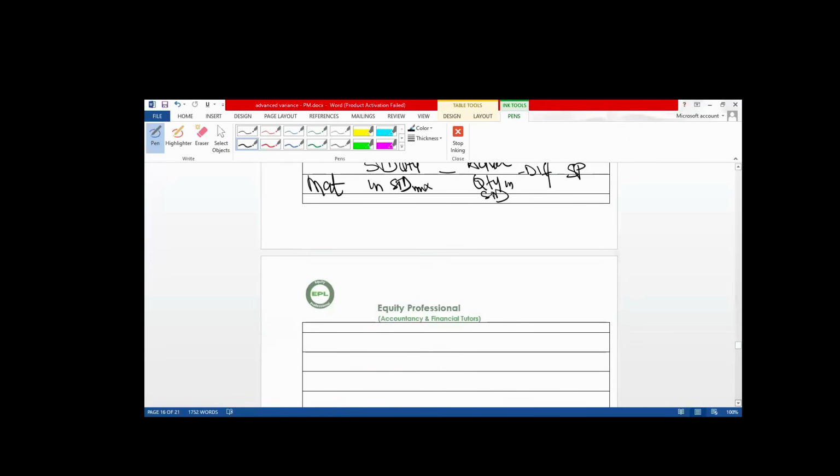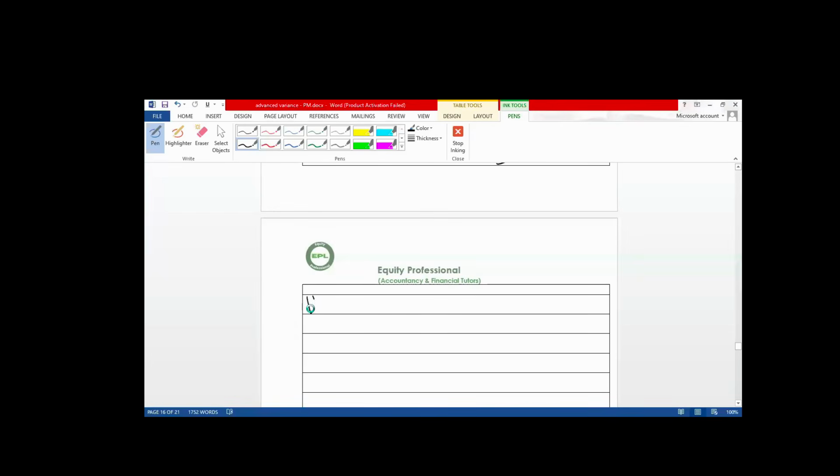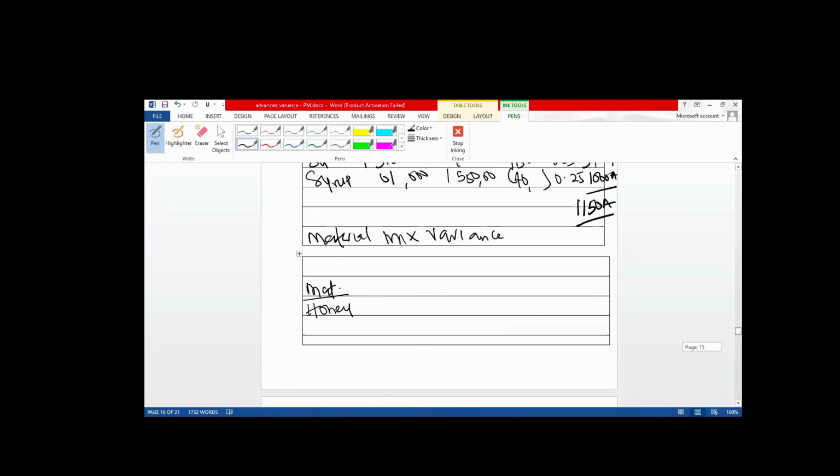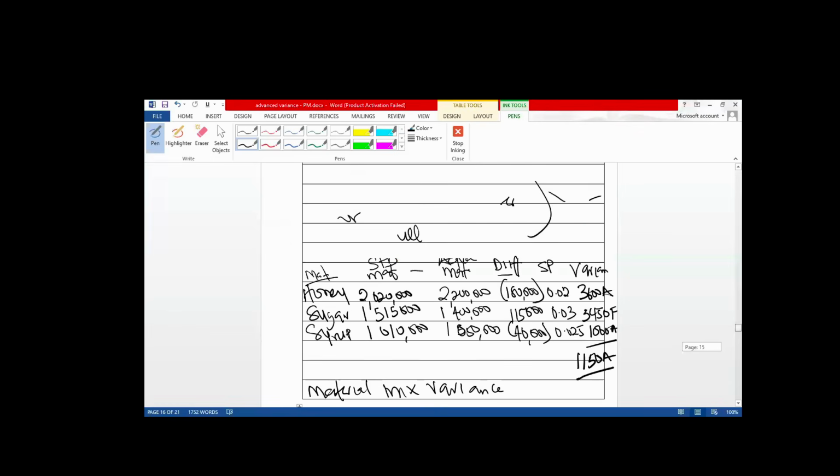It's just to pick them. Our material: honey, sugar, and syrup. Your standard quantity in standard mix is already here. This is what we are supposed to use. Pick this: 20, 15, 10.